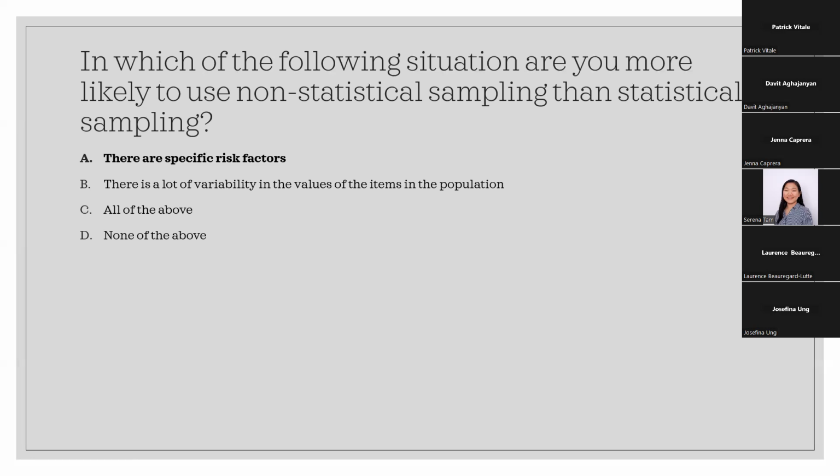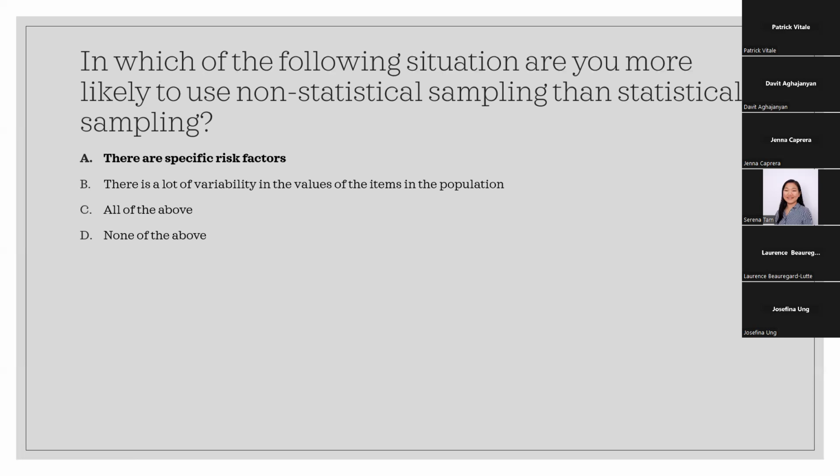Because remember, if there's a lot of variability in the values of the items in the population, let's say one of the invoices is really big, then maybe in that case you'll be using MUS, right? MUS is still statistical sampling. But when there are specific risk factors, like I said before, let's say 3 of your client's 10 customers didn't pay for the past 5 years, maybe I'm just going to use non-statistical sampling in this case, because they're not paying me.